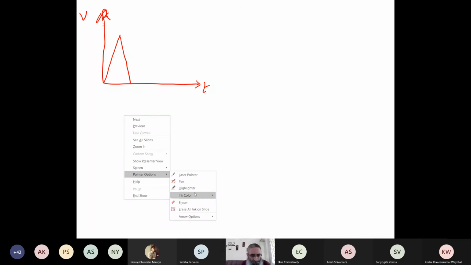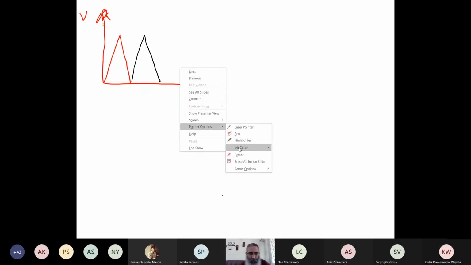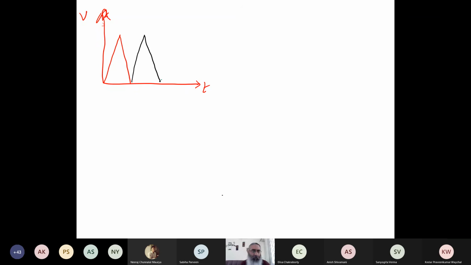Wait, I'll do something interesting. I like to play with colors. So potential, and then this is your first cycle. Okay, much better. Now I will change my ink color and say that this is going to be my second cycle, and then I'm going to change my ink color again to something else, and say that this is my third cycle.